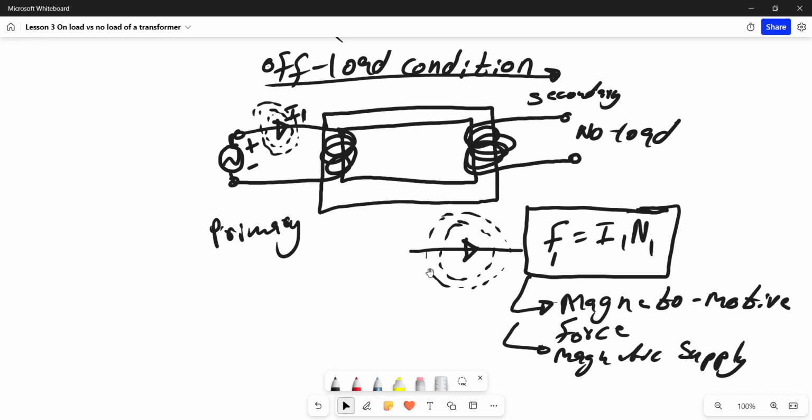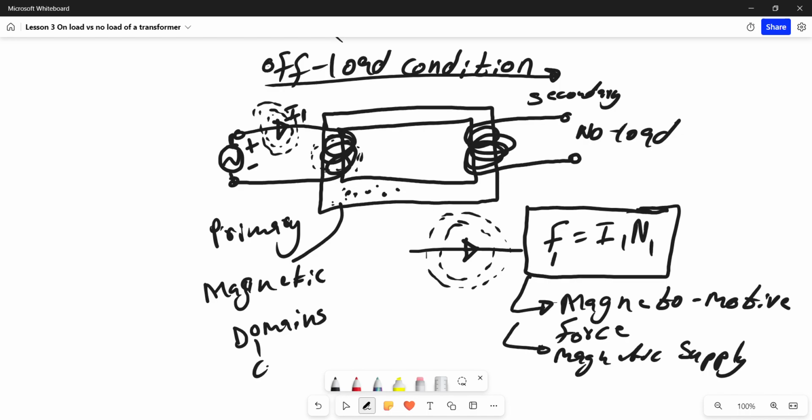The field around the winding will act on some magnetic particles. The core has certain magnetic particles that we call the magnetic domains. These are core particles.